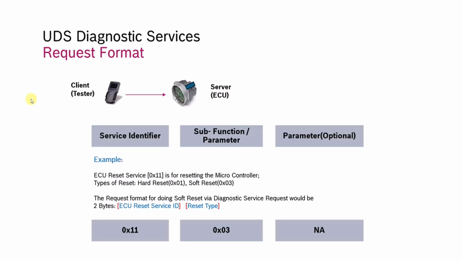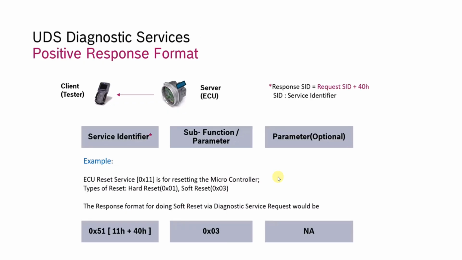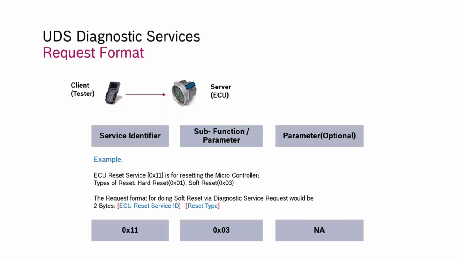If you see the slide, I want to send a request. For example, I want to send a request for resetting the microcontroller. If I want to reset the microcontroller, the ECU should understand the language, so what specific task I need to do. For that, ECU reset is one of the UDS services.